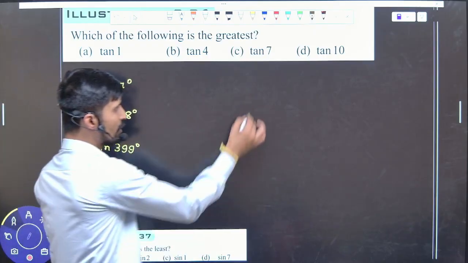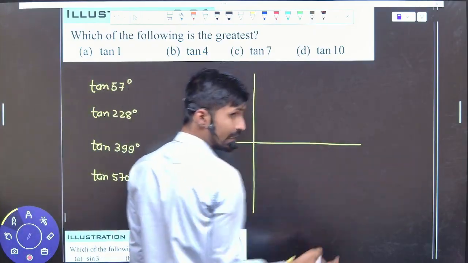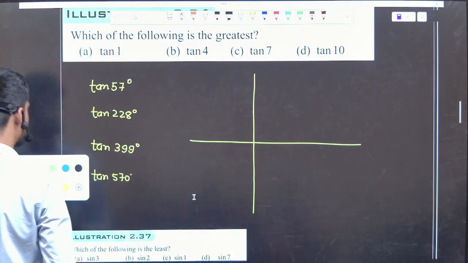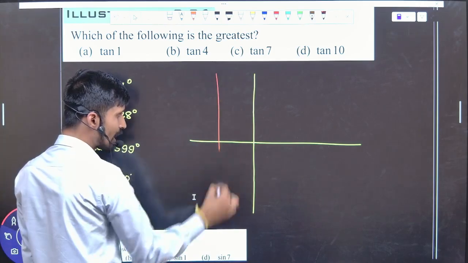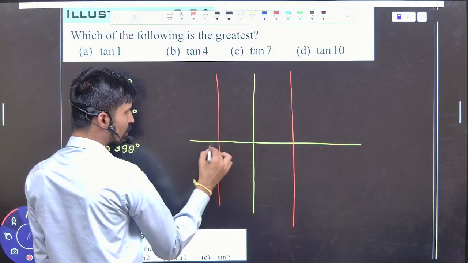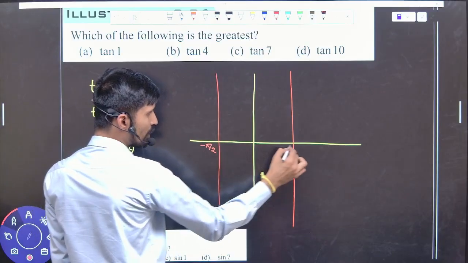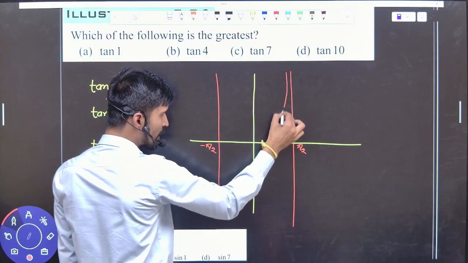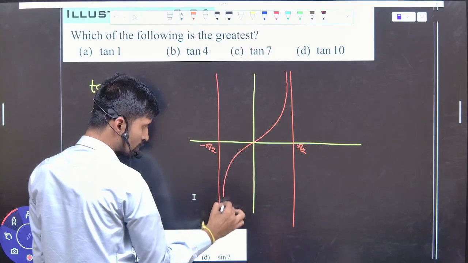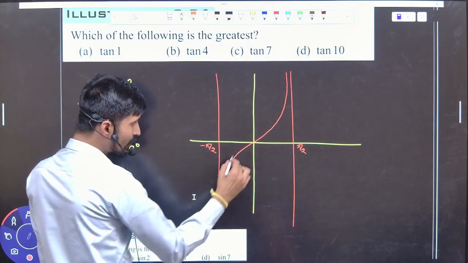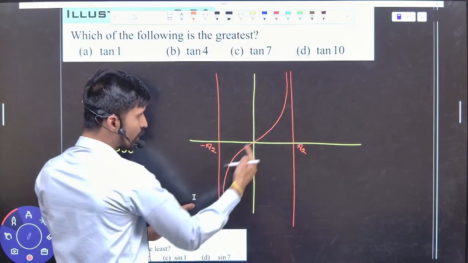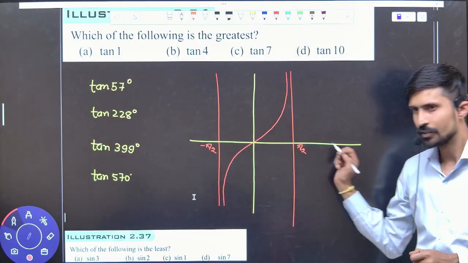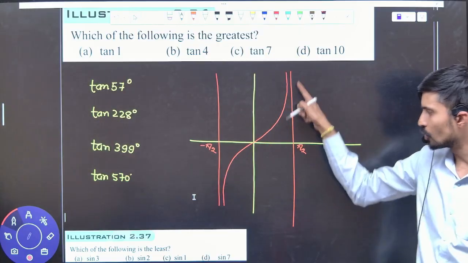Wait, we will use the tan x graph for finding which is greatest. The tan x graph is between minus 90 degree to plus 90 degree, that is minus pi by 2 to plus pi by 2. Between minus pi by 2 and plus pi by 2, our graph is increasing. Increasing means going from down to up. From 0 to 90 degree, it goes down to up.